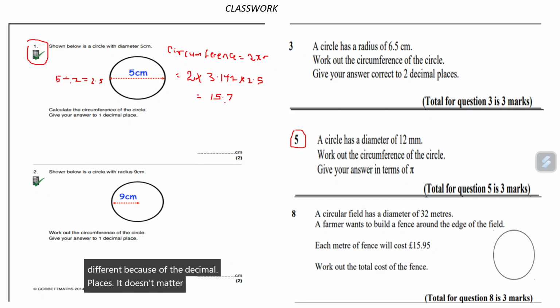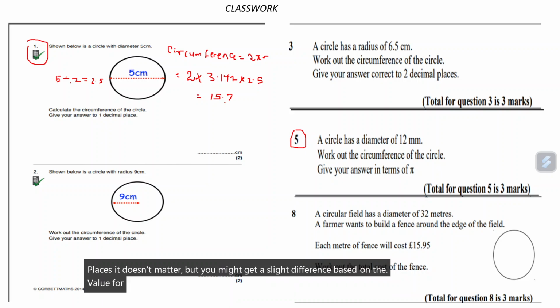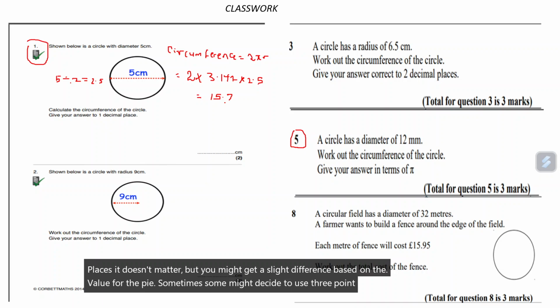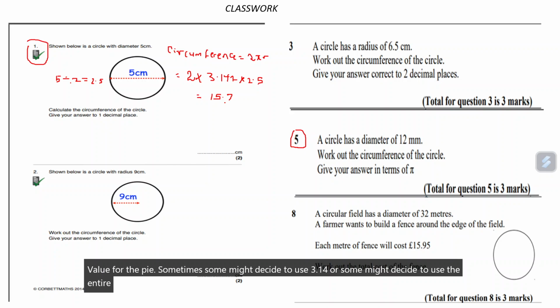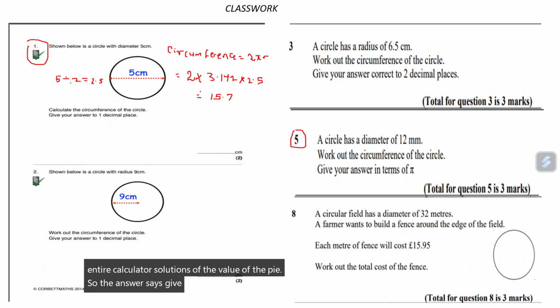You might get a slight difference based on the value for pi. Sometimes some might decide to use 3.14, or some might decide to use the entire calculator value of pi. So the question says give your answer to one decimal place.